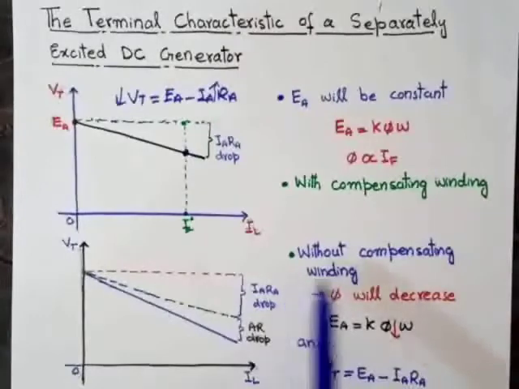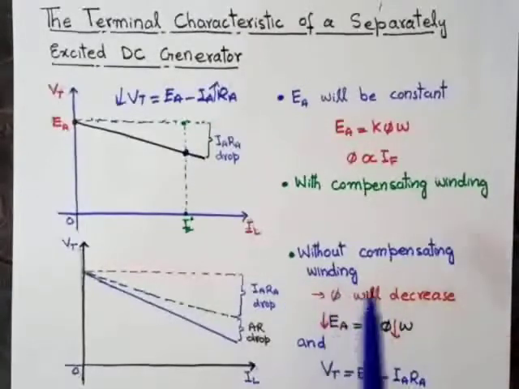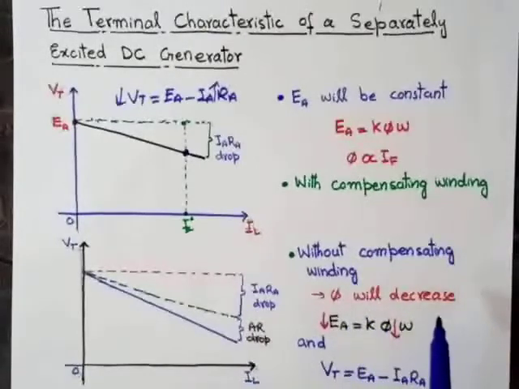If there is no compensating winding in the DC generator, then due to armature reaction the flux will decrease, and if the flux decreases, the internal generated voltage will decrease as well.